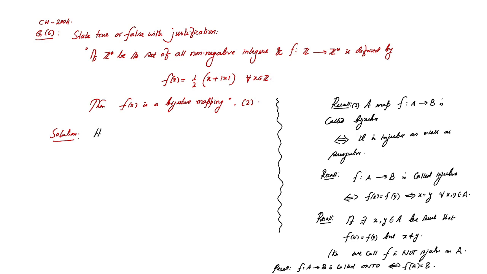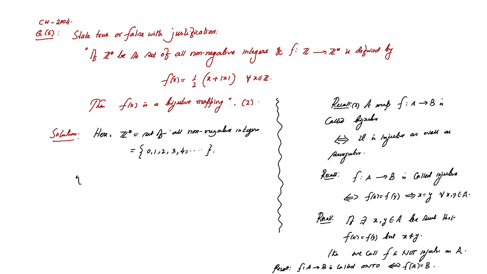What is exactly given? Here it is given Z star is the set of all non-negative integers, so that means it will be 0, 1, 2, 3, 4 and so on.